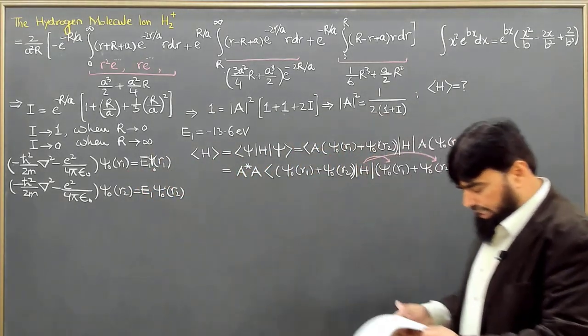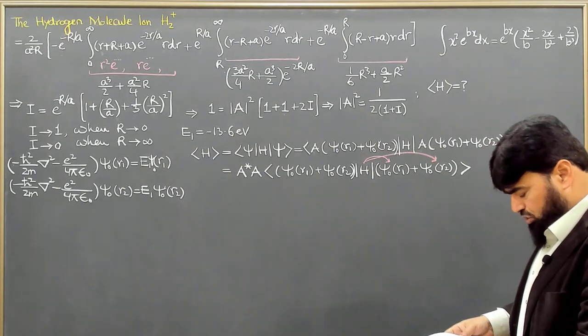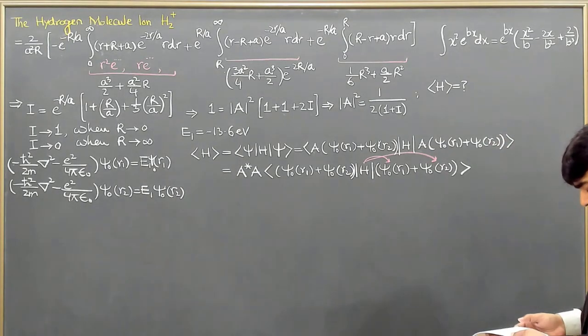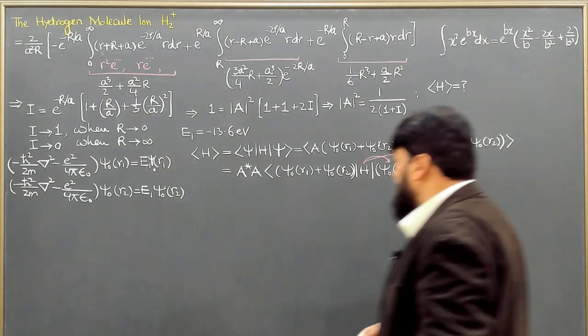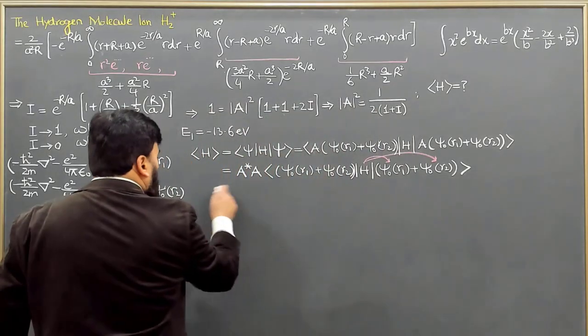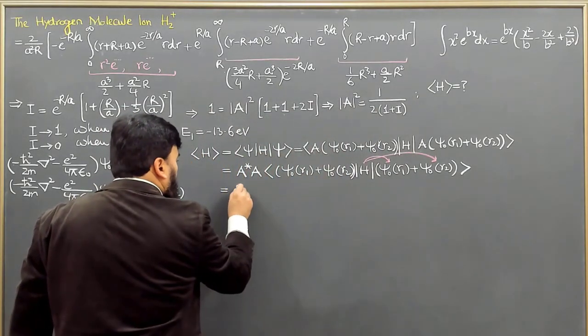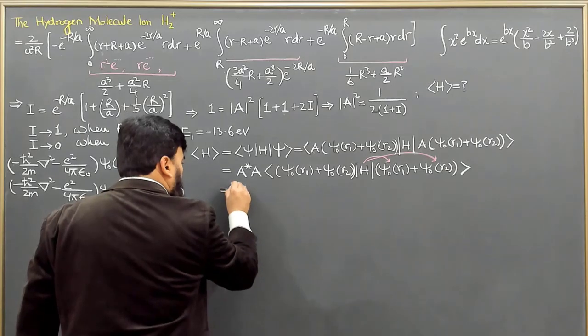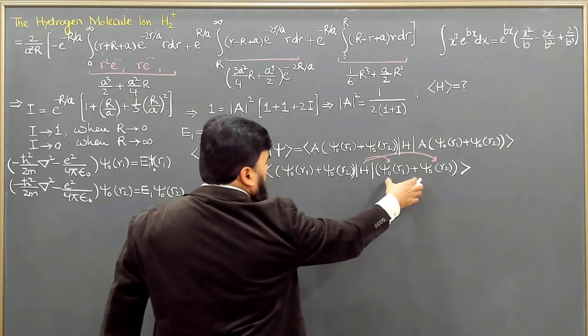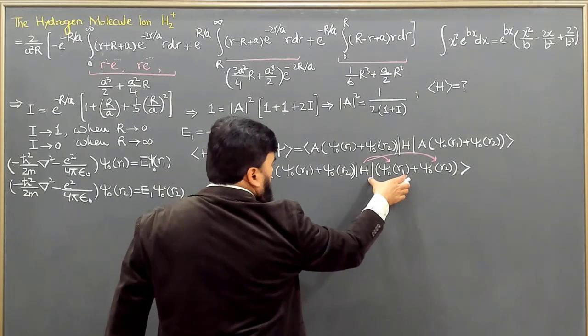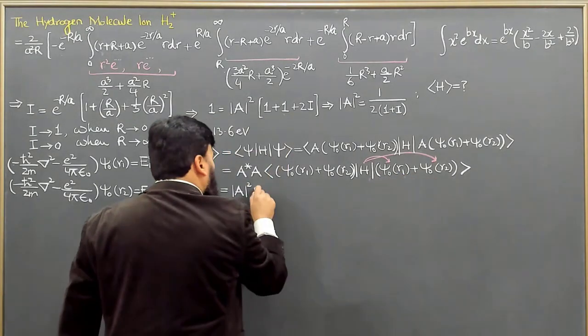So E1 I can take common, and this becomes A mod square, since the eigenvalue will be E1 here and E1 here.